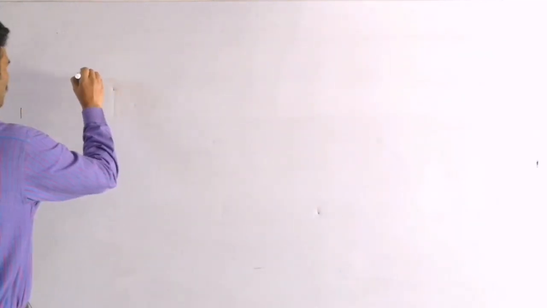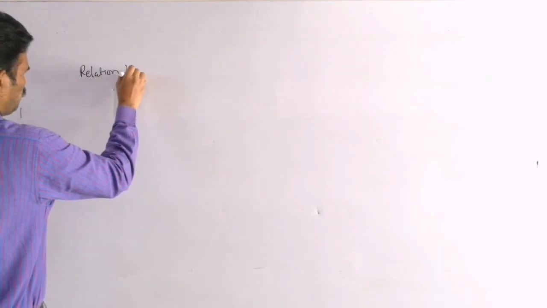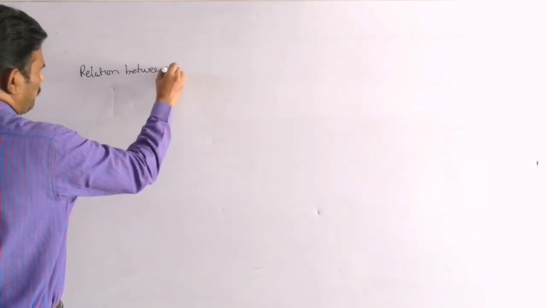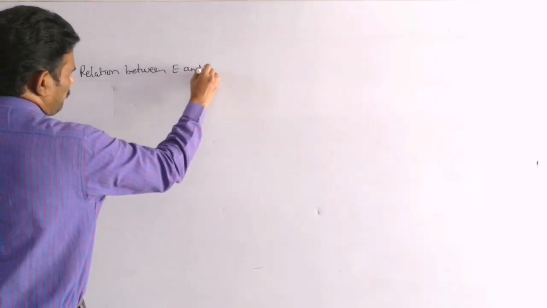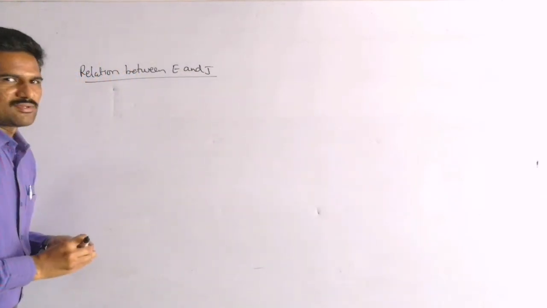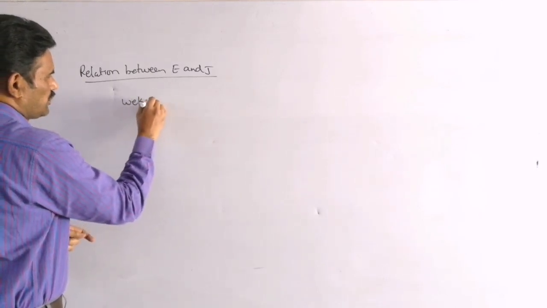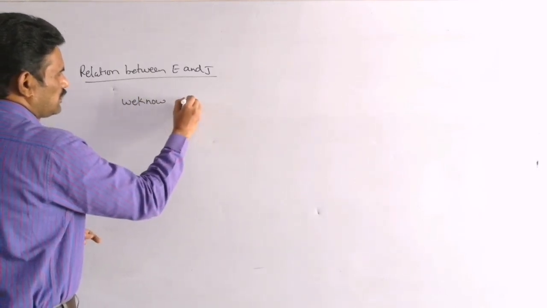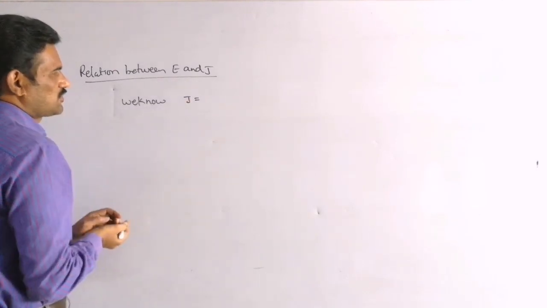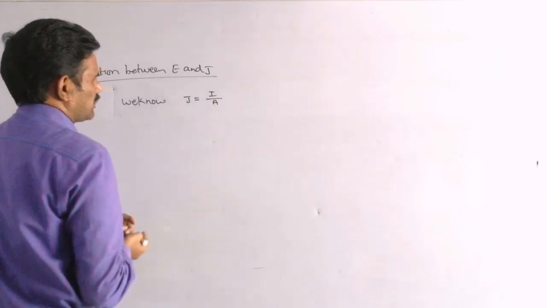The relation between E and J: we already know J is equal to I by A, right?